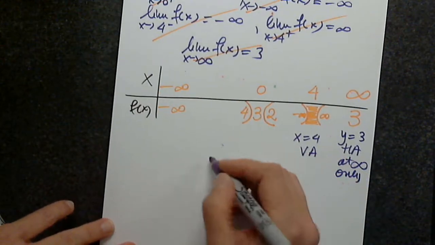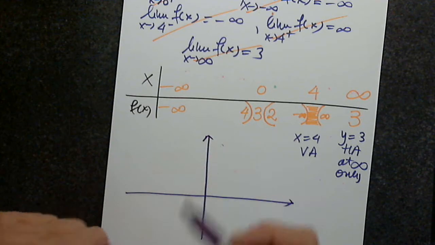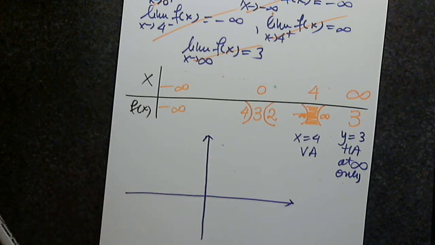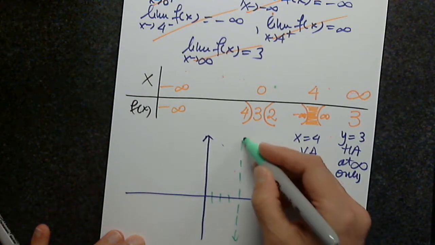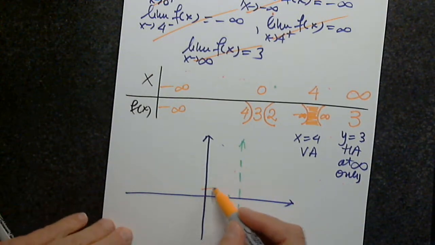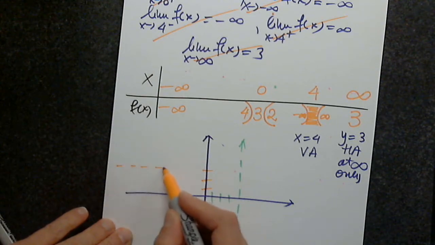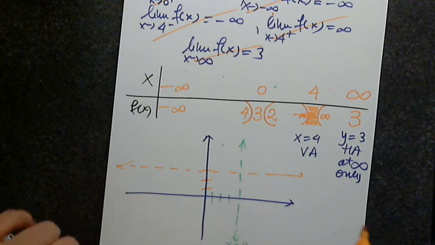Accordingly, I will present first the vertical asymptote at 4. That's my choice. Then I will present the horizontal asymptote at 3. And since I have to present the whole function, the whole line, I cannot just copy a piece.